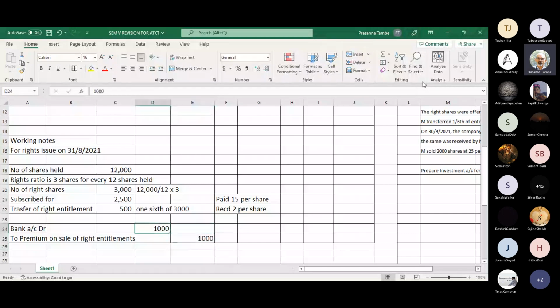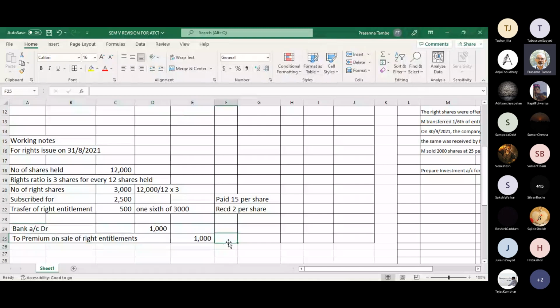And check this, this will not affect your ledger of investment. Okay, this has got nothing to do with the ledger of investment. This 1,000 rupees is a pure profit that will finally go to profit and loss account. This income will go to profit and loss account. So the entry is bank account debit to premium on sale of right entitlements, 1,000 rupees.